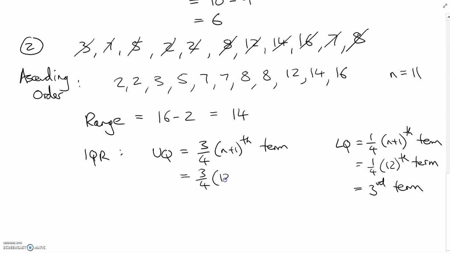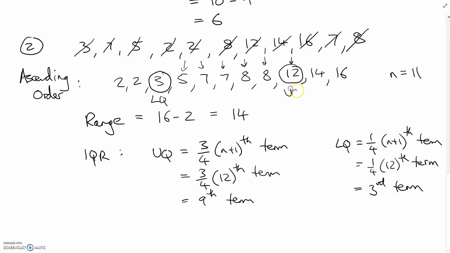And 3/4 of 12 is 9. Again, divide by 4 is 3, times by 3. Or usually calculate as 3/4 times 12 is the 9th term. So we want to find the 3rd term in. 1, 2, 3. Also happens to be the number 3. So that there is my lower quartile. So that's the 3rd. So then 4th, 5th, 6th, 7th, 8th, 9th.